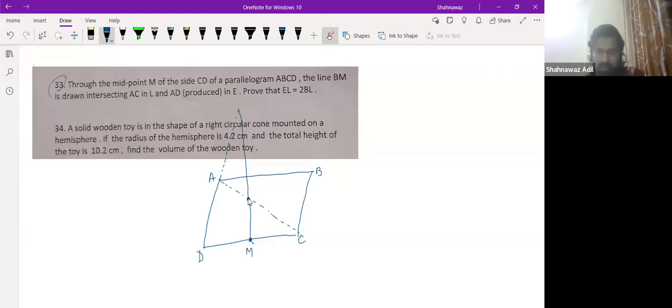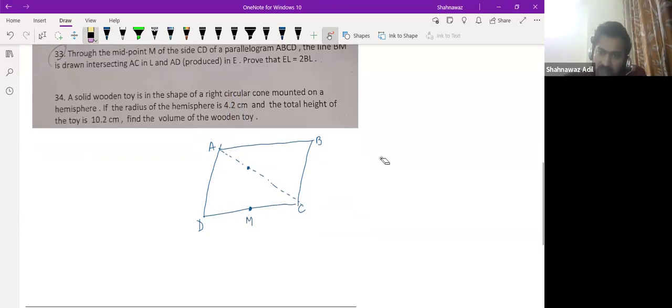The line drawn is BM, so it should be joined BM. The midpoint M, the line BM. Okay, the line is BM.